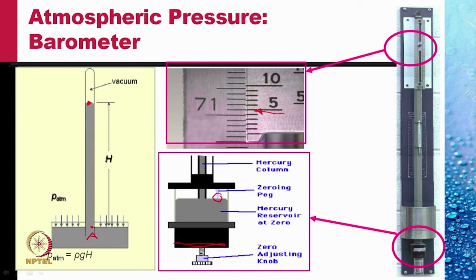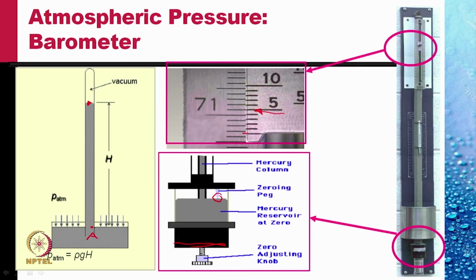So it is 70.65 centimeters of mercury, the pressure head of the atmosphere. You multiply with the density of mercury, which is about 13,600 kilograms per meter cube, and g, 9.81, and we can get the pressure.